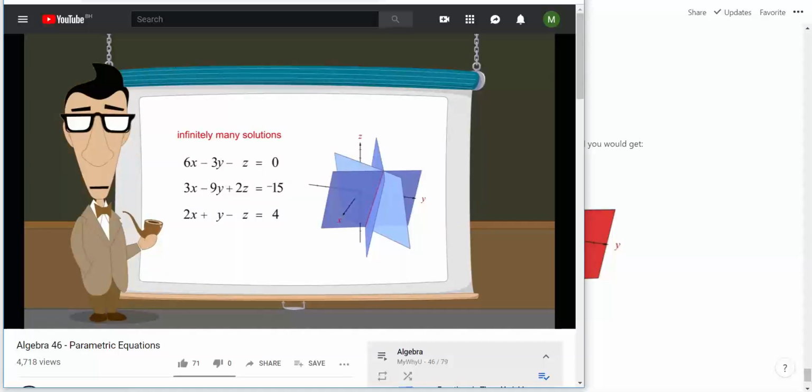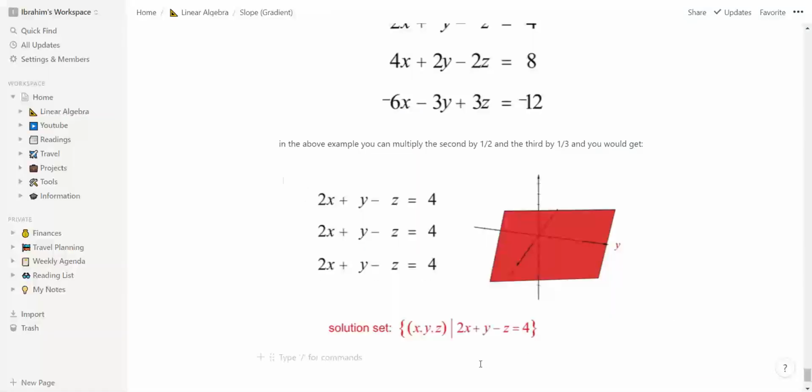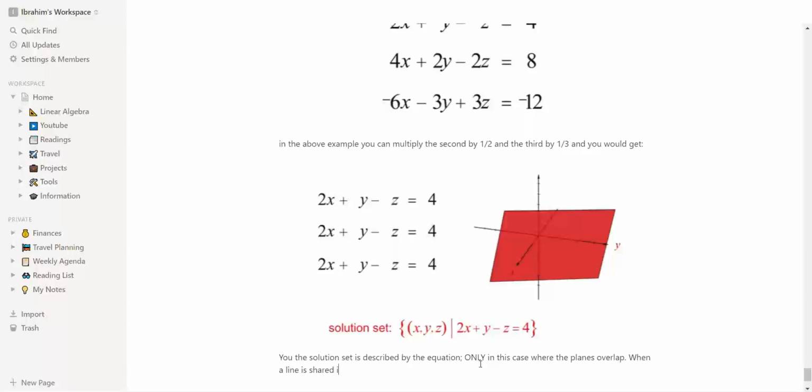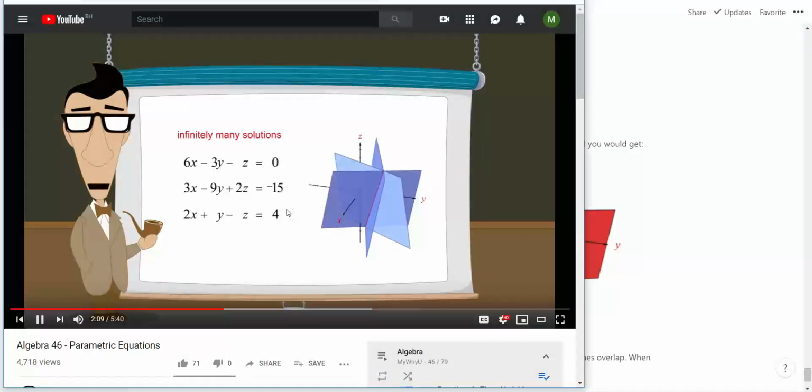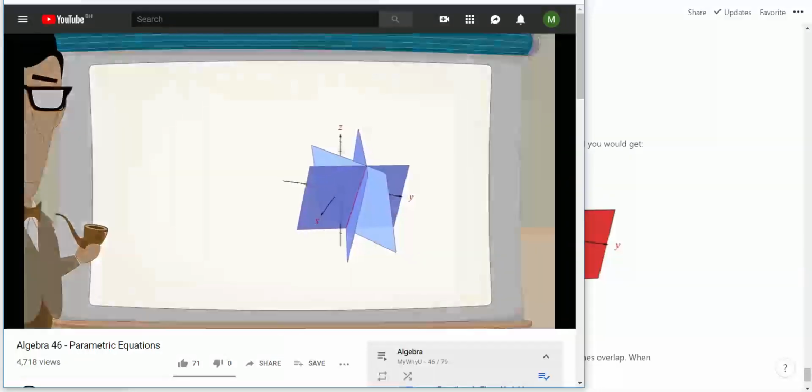We need some other way to describe a solution set whose graph is a line in three-dimensional space.